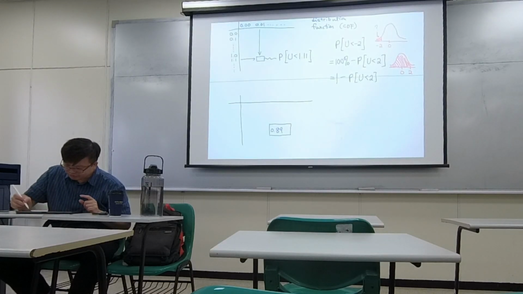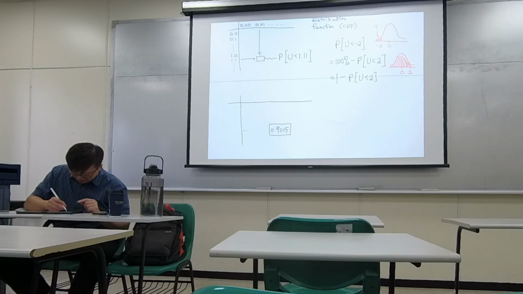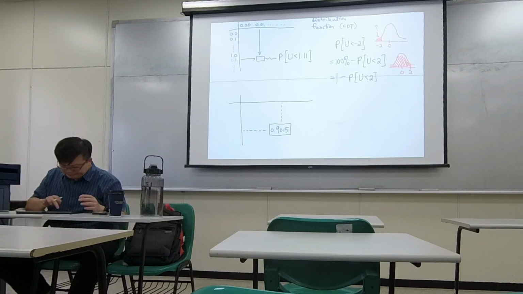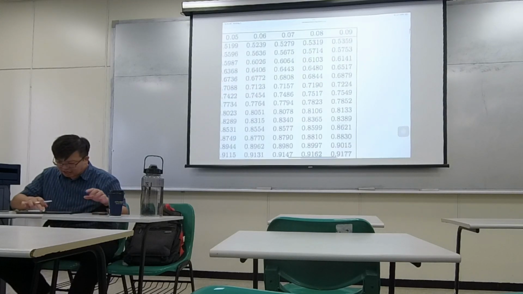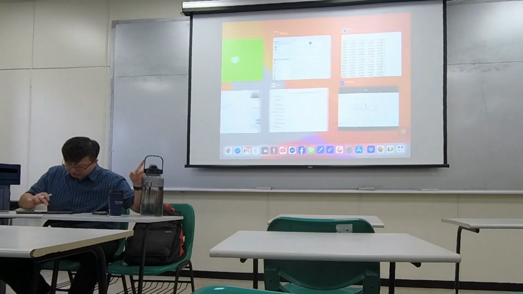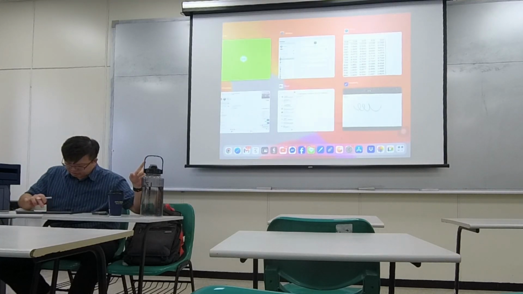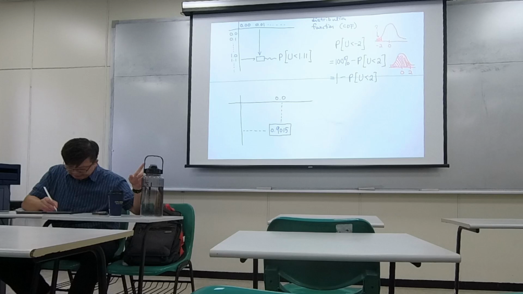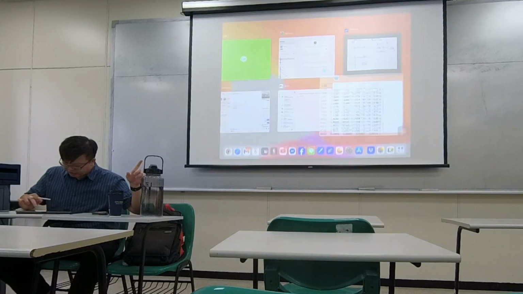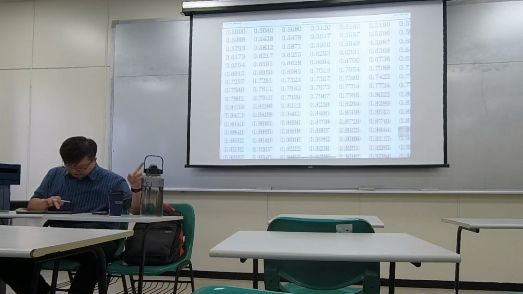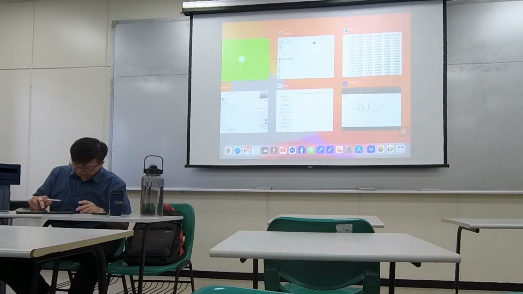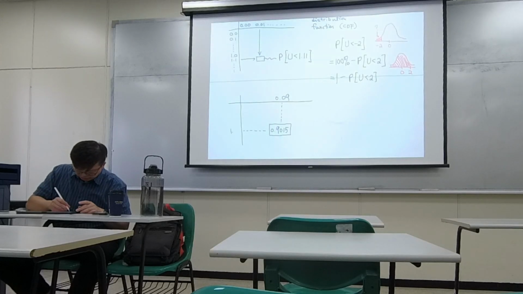I will pick up 0.9015, and I will tell you why. 0.9015 on the top is 0.09, and on the left it is 1.2.